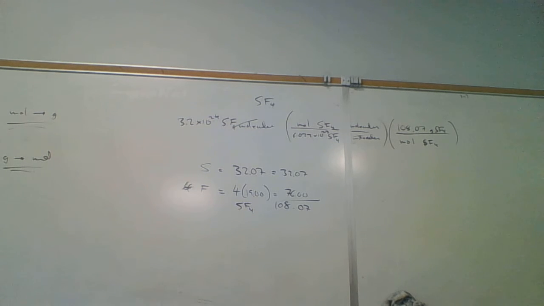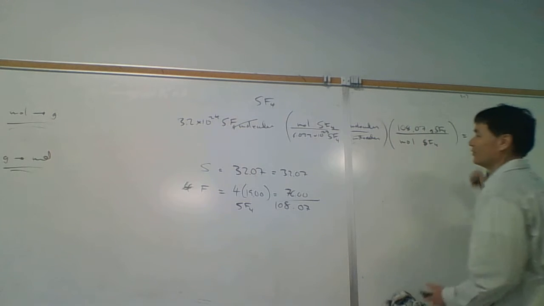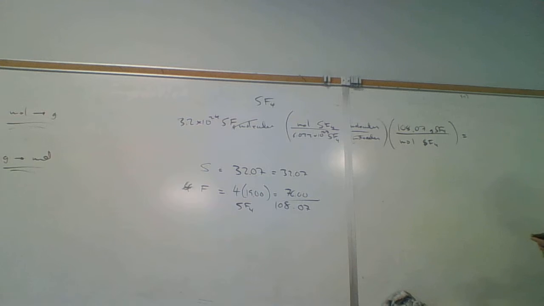We got 5.7 times 10 squared. I want to see how they round it, what the number is here before rounding. And so here I'll do 3.2 times 10 to the 24, it's a huge number of molecules, divided by 6.022 times 10 to the 23rd.